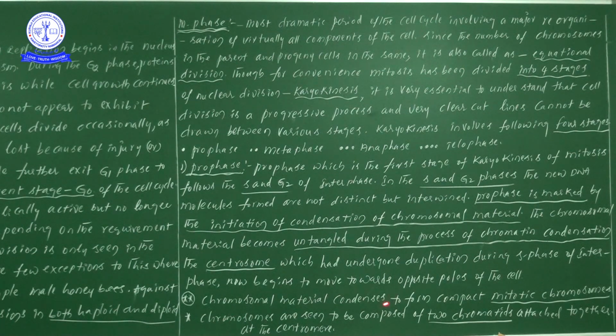Now, the chromosomal material condenses to form compact mitotic chromosomes. Before, in prophase, we saw the initiation of condensation of chromosomal material.